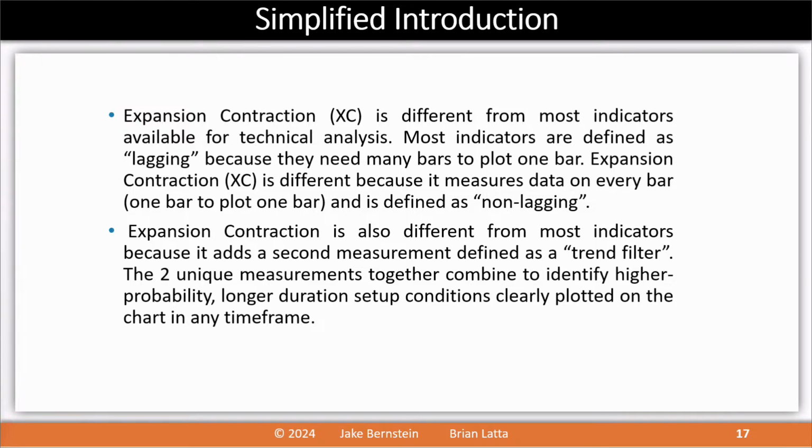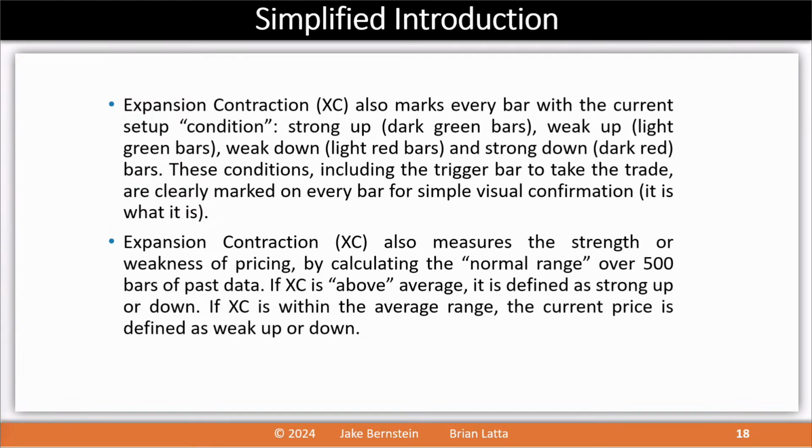It's also different from most indicators because it does have a second measurement of price behavior, and that's identified as a trend filter. Those two measurements together will give us longer term trends, average duration on daily charts typically 24 to 30 periods, and shorter term swings, which will help us identify whether the market is in a trending pattern or in some kind of correction.